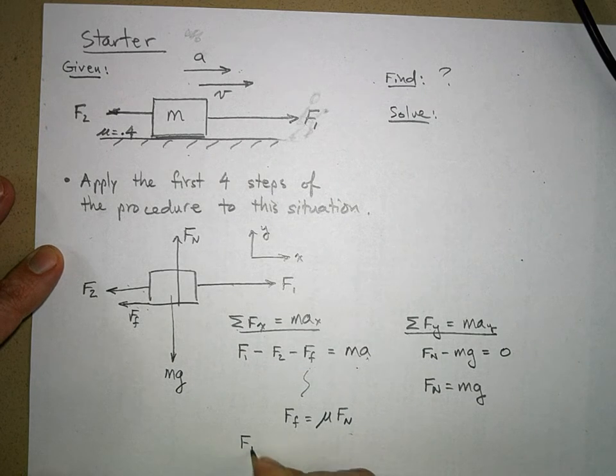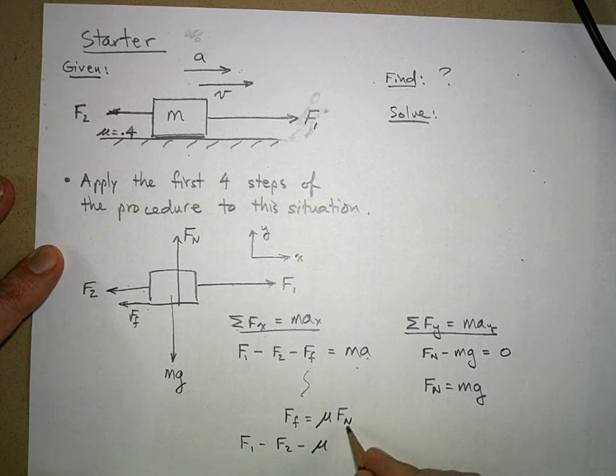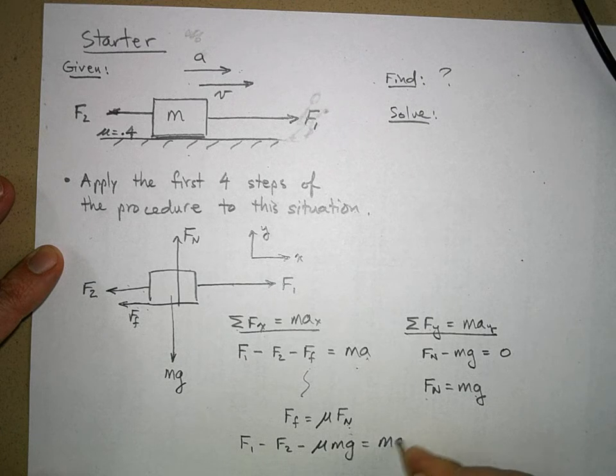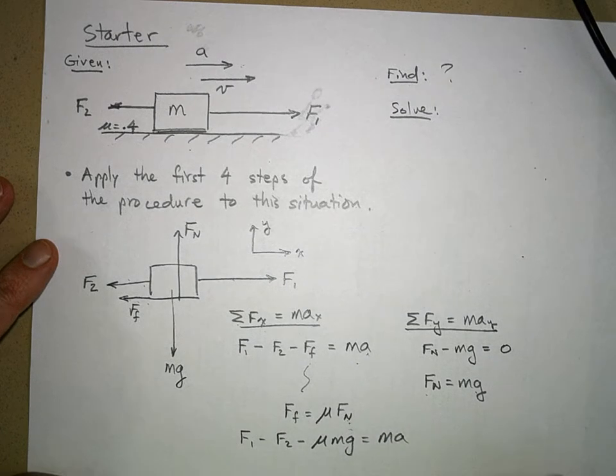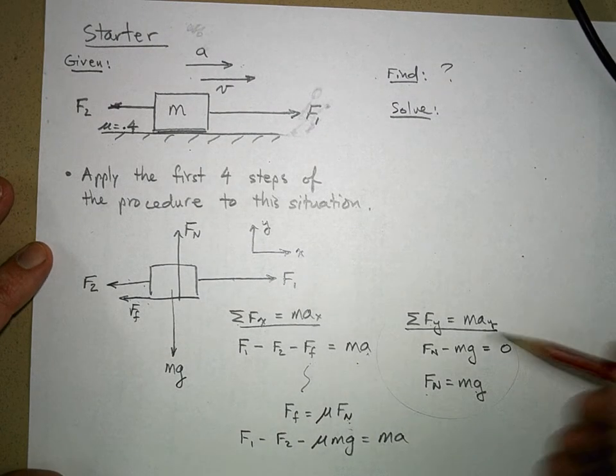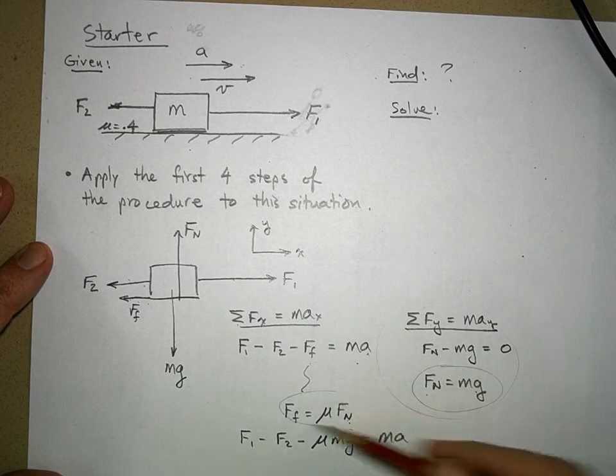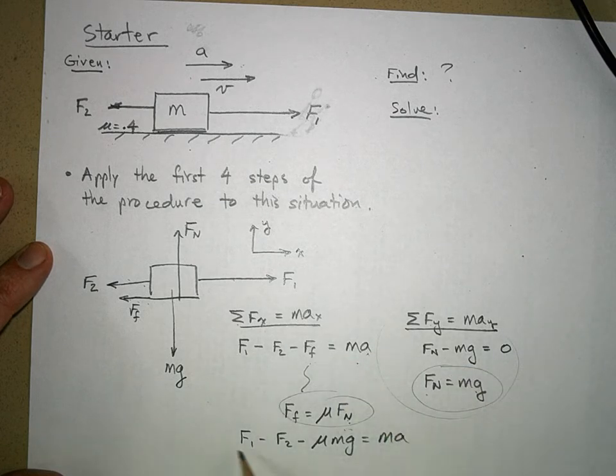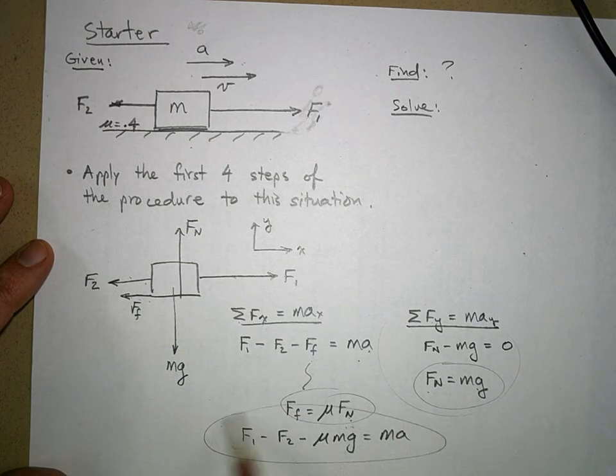This is F1 minus F2 minus the force of friction, which is mu times the normal force, but the normal force is equal to mg, equals ma. So using this and then getting this far and then using this equation, we end up with this. And this is the key equation for this problem right here.